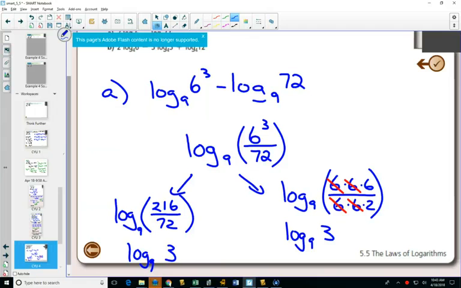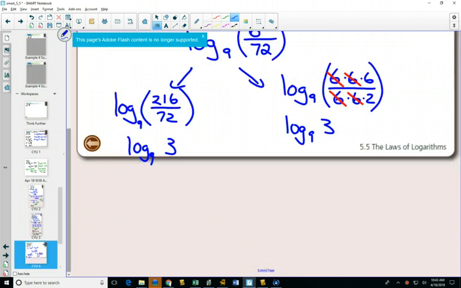Now, we haven't evaluated yet. Evaluating means get a final answer that's just a number. So whether we write log base 9 of 3 using that method or using this method, we have to ask ourselves, what is the answer to this? 9 to what power is equal to 3?